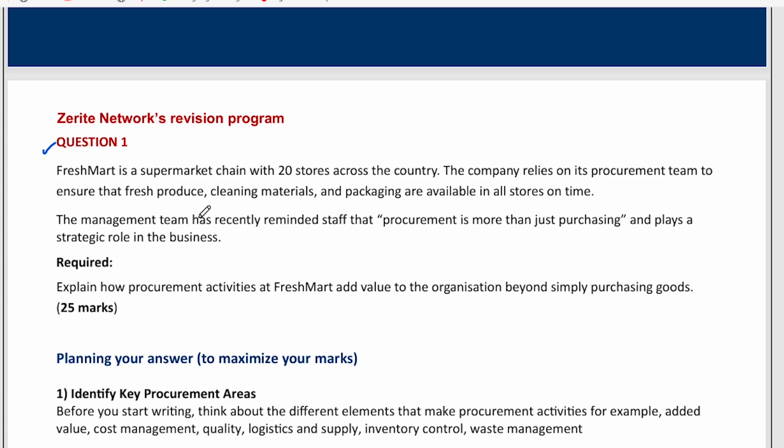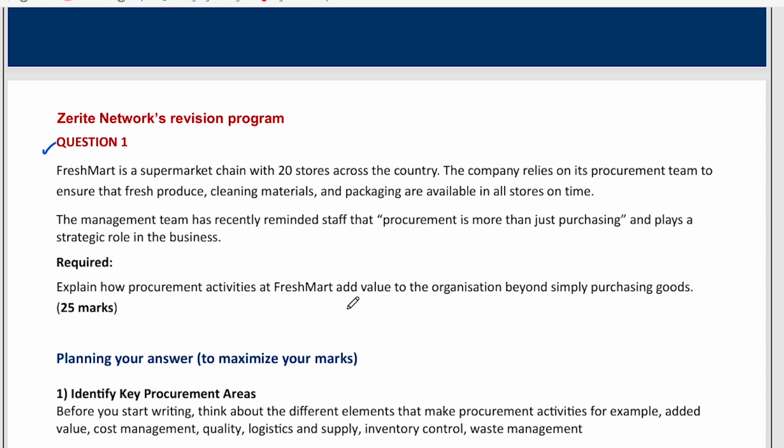The management team has recently reminded the staff that procurement is more than just purchasing and plays a strategic role in business. Good, so they've done that, right? Anyway, what are you required to do? You're required to explain how procurement activities at Freshmart add value to the organization beyond simply purchasing goods.